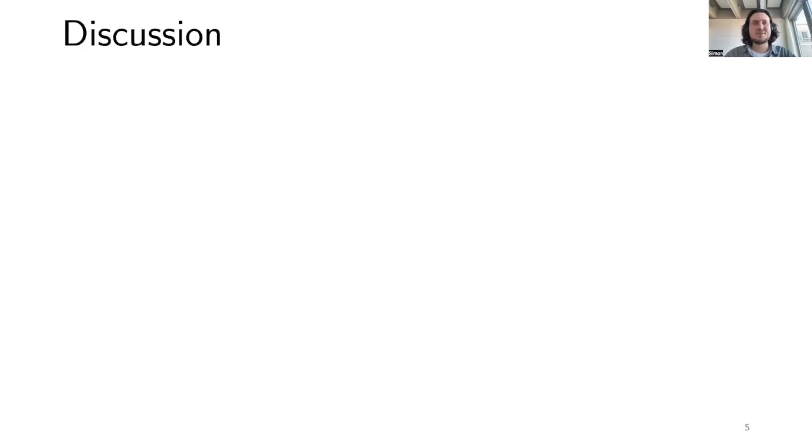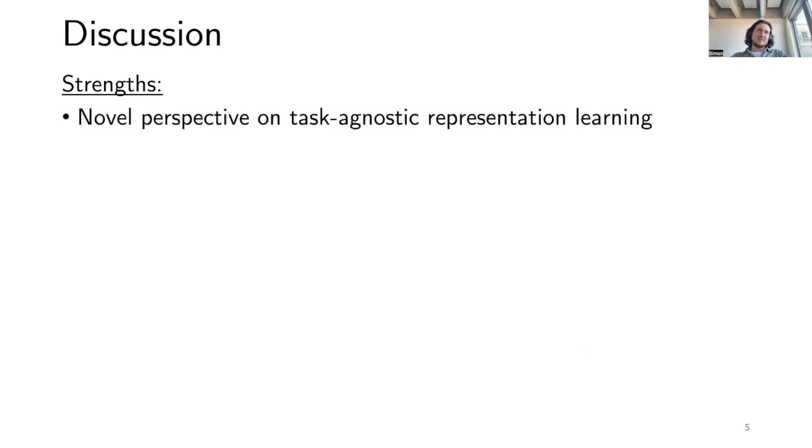But now to the more, I would say, fun part, the discussion about this. I very broadly classified it into some of the strengths I think the paper has, and then some of the weaknesses. I think it's interesting, at least, to have this kind of novel perspective on task agnostic representation learning, because this is something that, at least in the representation learning literature, is not touched upon a lot.